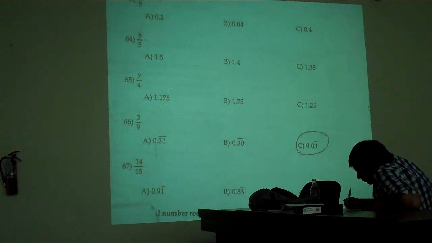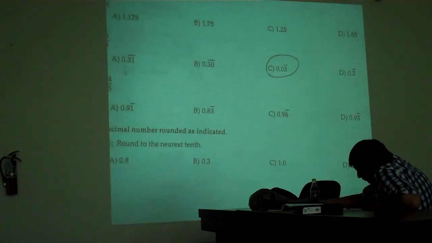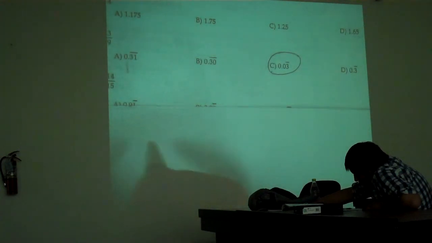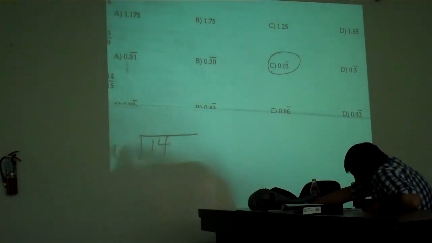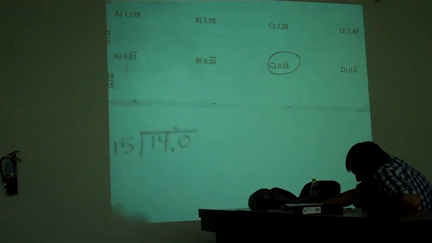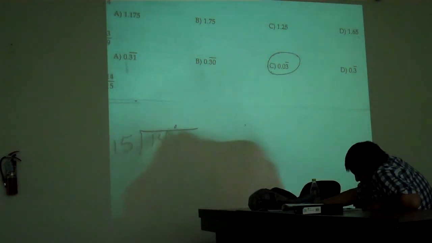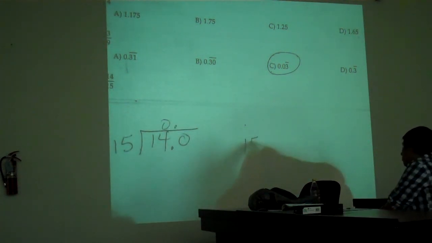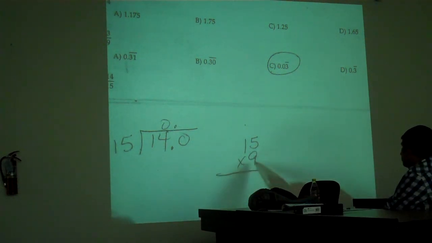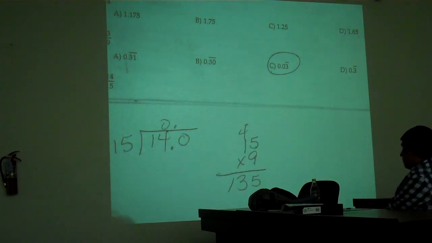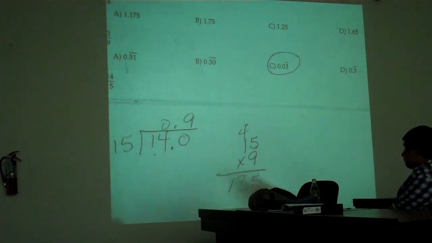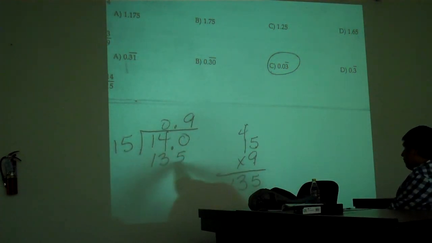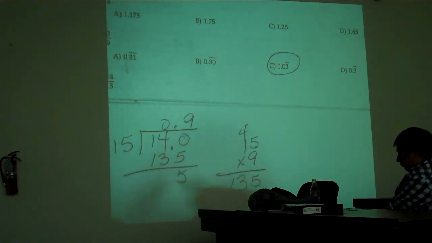14/15 is going to have a repeating sign also. Okay, let's do 14 under your division sign. 15 into 14. Not into 14, I'm sorry. 15 into 140. Let's try 9. 9 times 5, 45. 9 times here is 135. So there's 5.